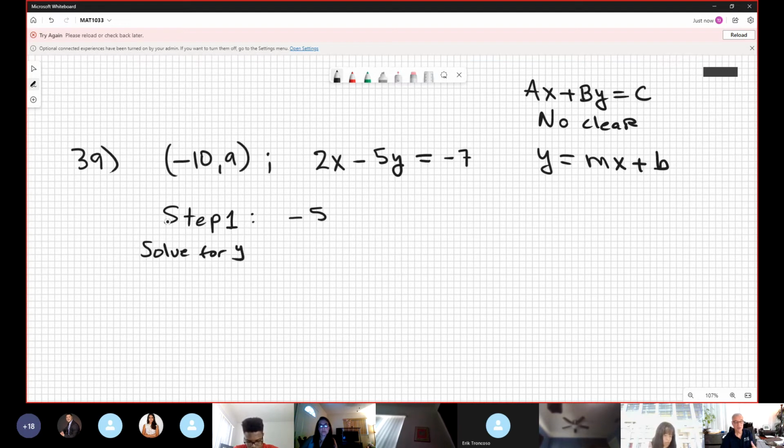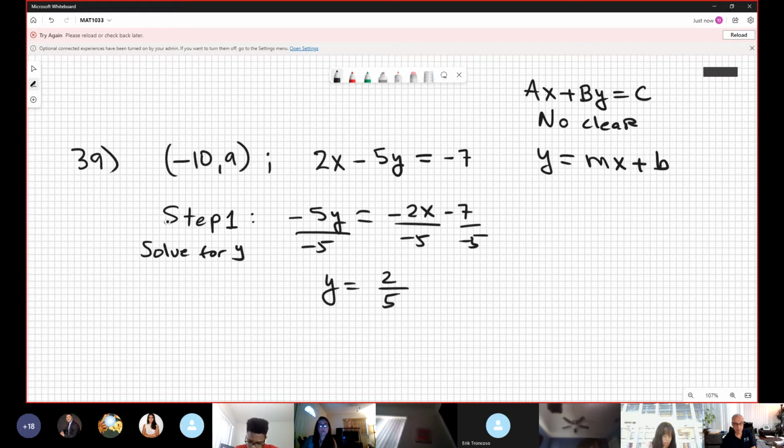In the previous example, y was isolated, so you didn't need this extra step. Here, y is equal to minus 2x minus 7, divided by negative 5. Y alone is 2/5 x plus 7/5.